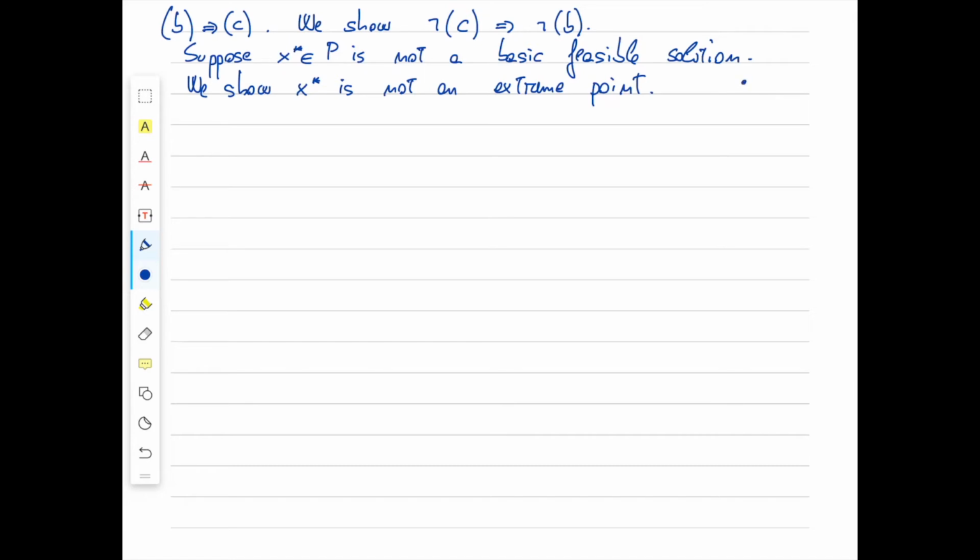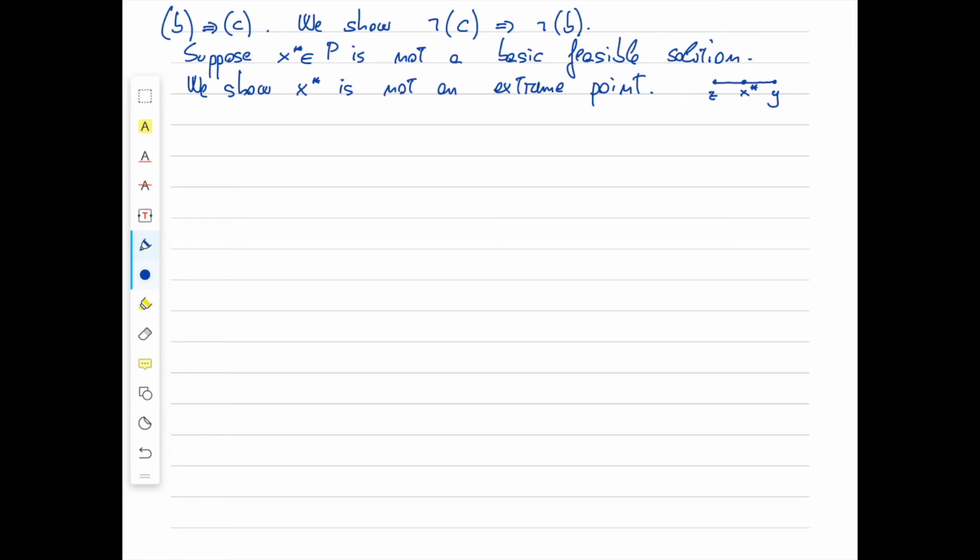To show that the vector x star is not an extreme point, what we will be doing is construct explicitly vectors y and z such that x star is the midpoint of y and z, and both y and z are in P.